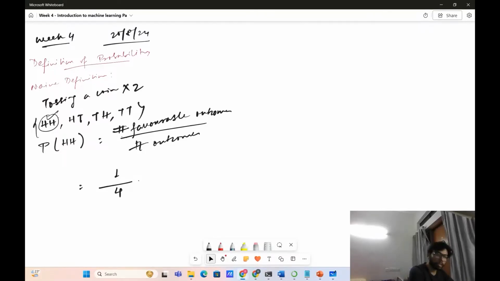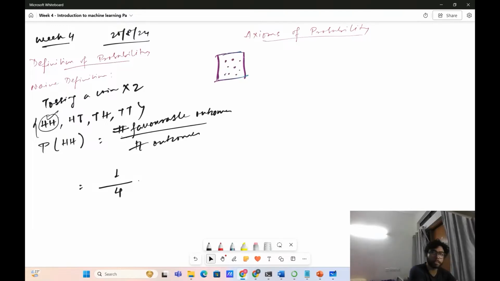Okay. Now, going into the more formal definition of probability, which is more like an axiomatic definition of probability. So here, let me first draw a picture. Let's say this is your sample space, and you have various points in your sample space.